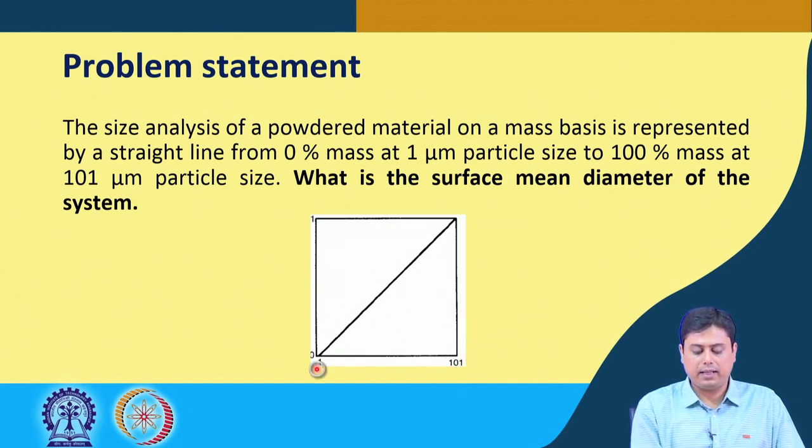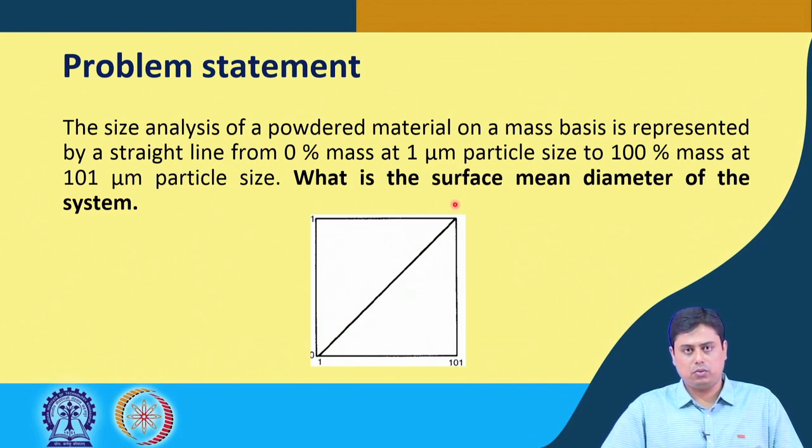So particle size 1 micron to 101 micron, we have a linear distribution. This is the size distribution curve that I showed last time. There was some non-linear variation, but in this case it is a linear variation. So we can easily find out the expression of this line, and this will help us find the surface mean diameter, which is in the question.